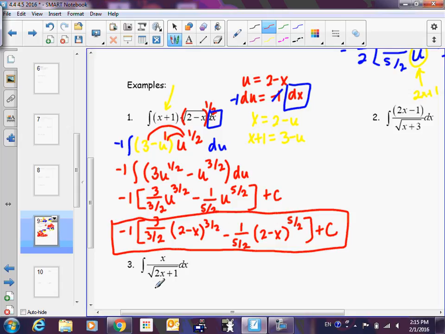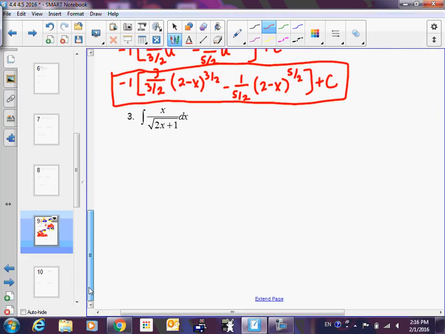So it's not a completely new thing, but it does add in some new steps. Okay, I'm going to skip example 2, and I want to do example 3, and that'll probably be it for today's lesson.